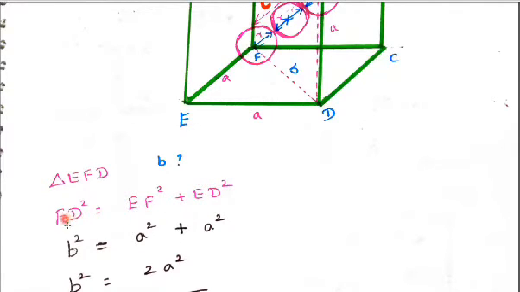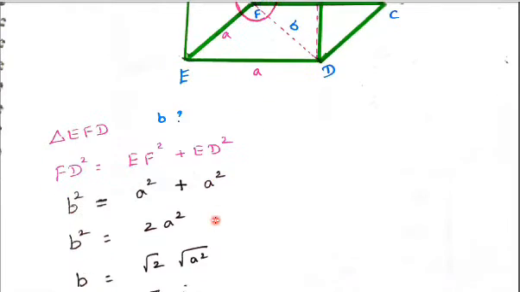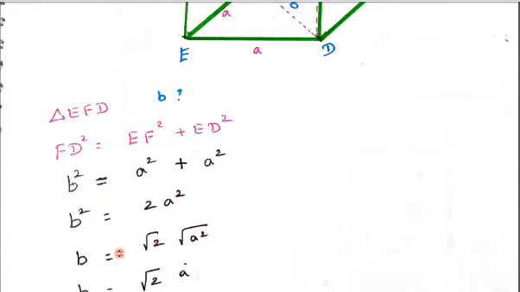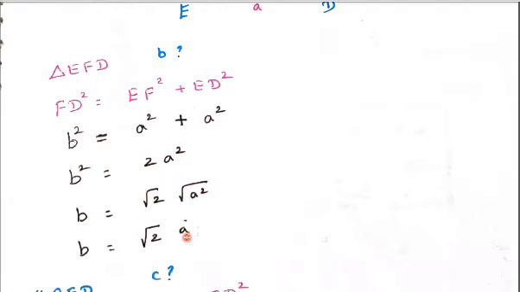So FD square equal to B square, and this is a square and this is a square. So B square equal to 2a square. Remove the square, take the root, so B equals root 2 into a. So B value is equal to root 2a.